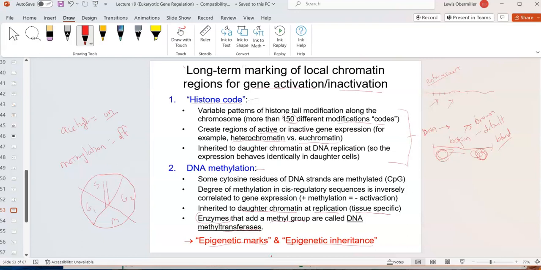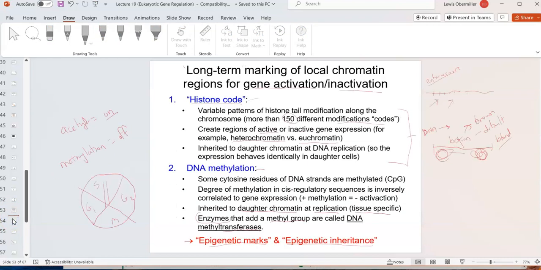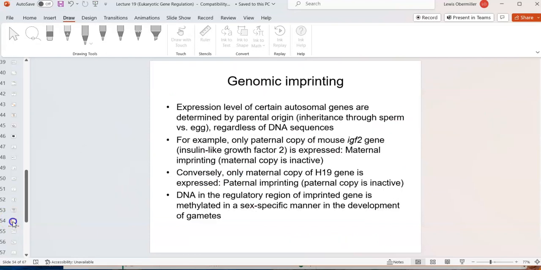So you can pass on a perfectly good gene that's shut down or being expressed from your parent, and this can be tissue specific and it can even be sex specific. So we're going to talk about that now. That process of inheriting this stuff is called genomic imprinting. What slide are we on? 54? Okay.